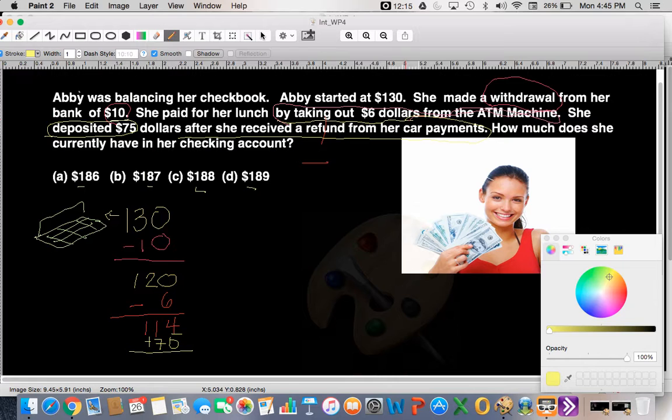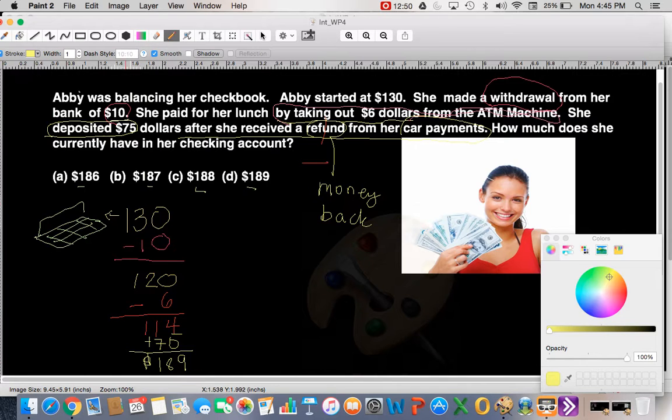So she's paying her car, but the loan company gave her a refund, money back from the payments, and she got $75. So how much does she currently have in her checking account? So you just have to add this one, 114 plus 75, $189.